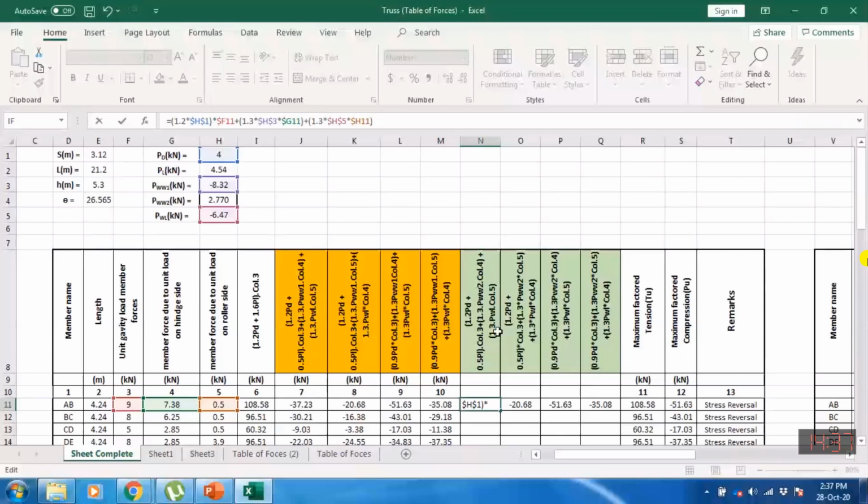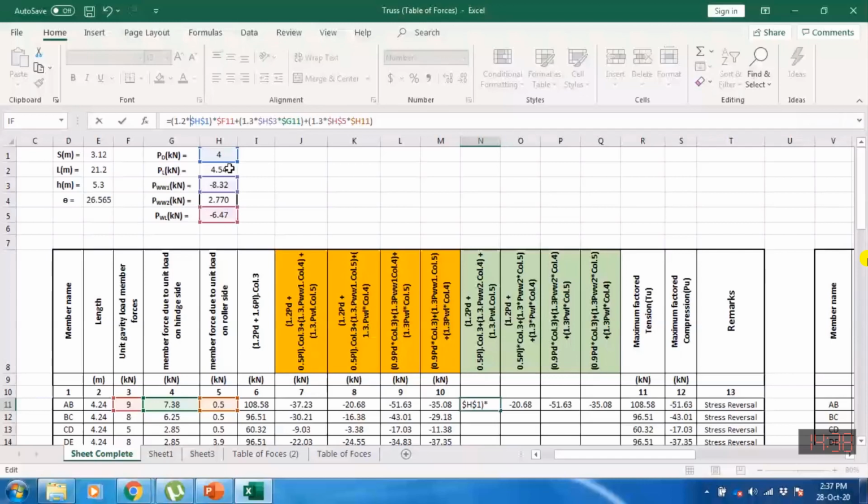F11 means unit gravity load. Next is 1.3 into live load. So 1.3, this should be this one. So this guy is having many mistakes.